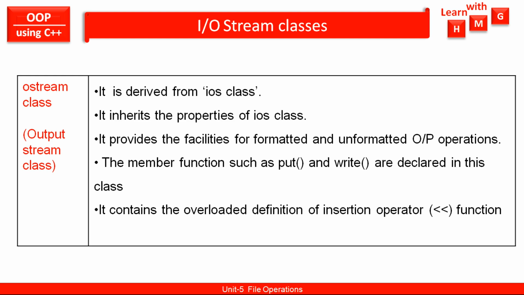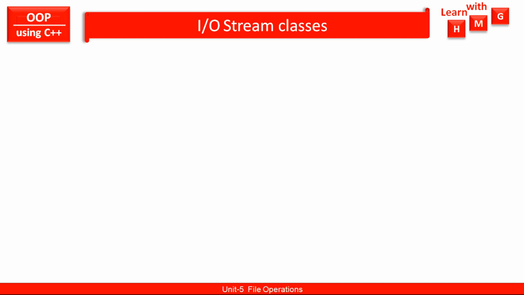The use and details of these functions we will study in another video. It contains the overloaded definition of the insertion operator function. The insertion operator along with the cout object is used for output operations in a C++ program, and this OStream class contains the operator function definition of the insertion operator.